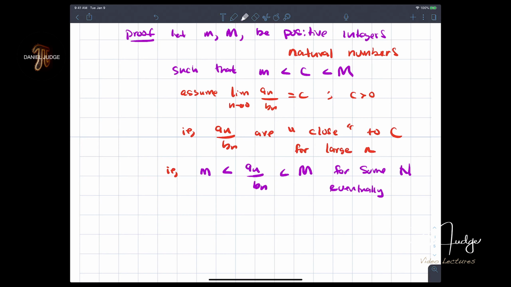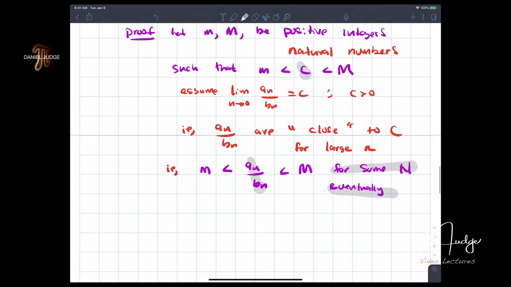So all they're saying is we're replacing this C value with that ratio. And that happens eventually for some natural numbers N. It's just for some terms; eventually it's going to be within that interval.